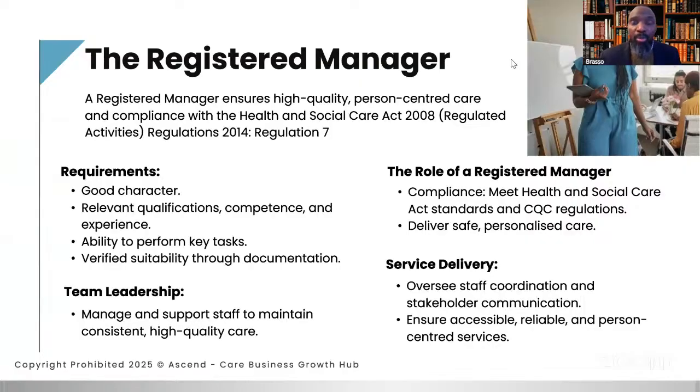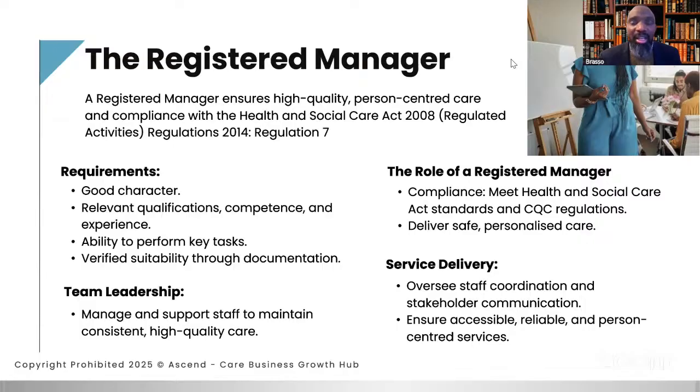If it's for a care home, or whether it's for domiciliary care, whether it's a GP opening a practice, the registered manager's responsibility is to ensure that the services that are provided is high quality, person-centered, and the services are compatible with the Health and Social Care Act 2008 and all the Regulation 2014 and all the fundamental standards. We've got Regulation 7, we've got Regulation 12, safe care and treatment, etc., etc.